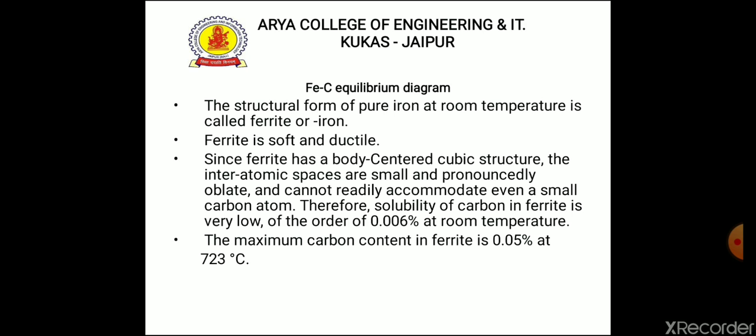Therefore, the solubility of carbon in ferrite is very low, of the order of 0.006% at room temperature. The maximum carbon contained in ferrite is 0.05% at 723 degrees centigrade.